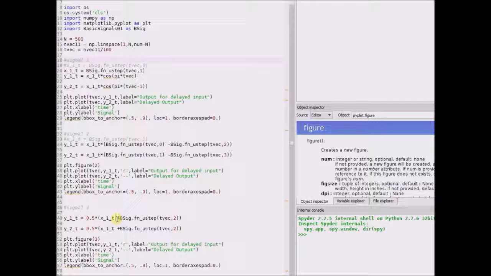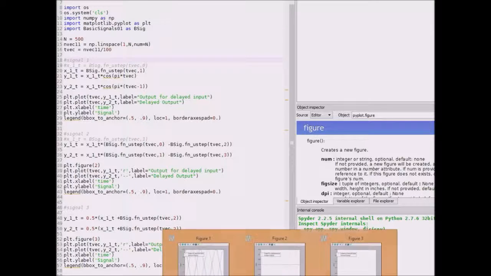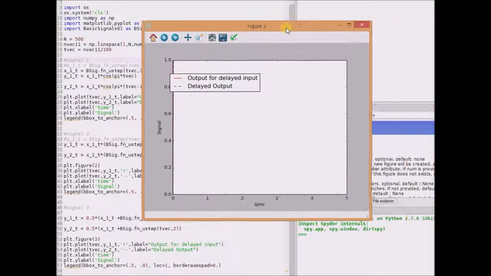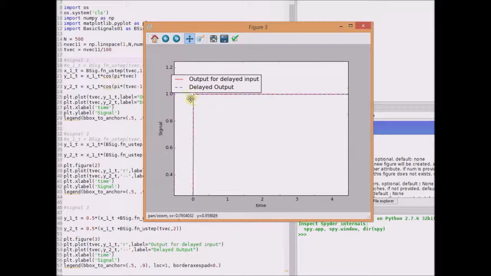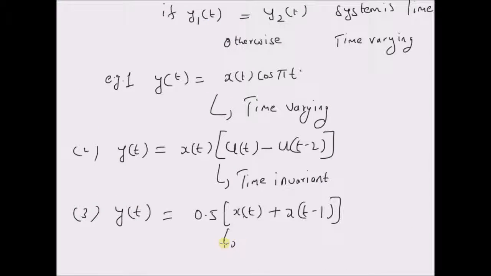This is y1 of t, that is x1 of t plus a delayed version, and in this case y2 of t is also going to be the same signal. Therefore, we should see the same result. Clearly both y1 of t and y2 of t are equal to the unit step signal. That means y1 of t is equal to y2 of t. Hence, this system is also time invariant.